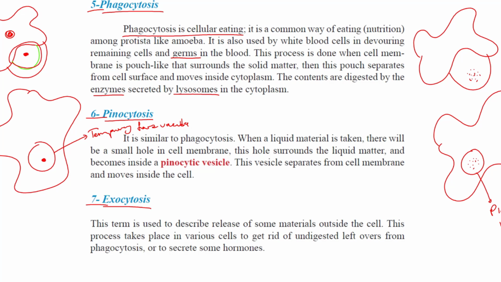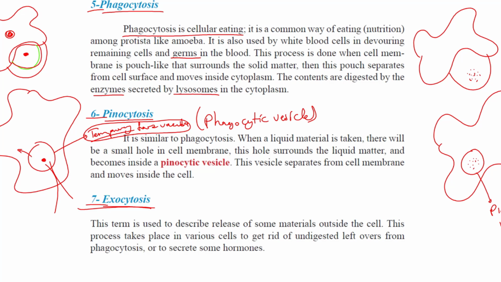Why temporary food vacuole? You may remember from animal cells. Because it is temporary, it stores this food until it is digested. After the food is digested, the useful material diffuses into the cytoplasm, but wastes are discharged out of the cell by exocytosis. In that way, we call it a temporary food vacuole, or also a phagocytic vesicle. The main question asked about phagocytosis and pinocytosis is the comparison between them, or writing the differences.